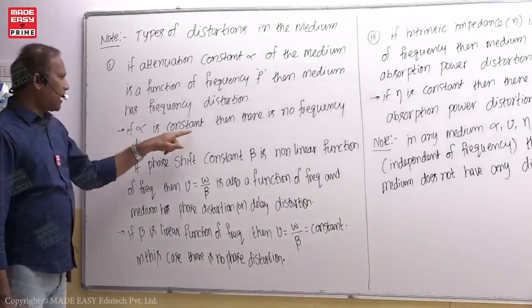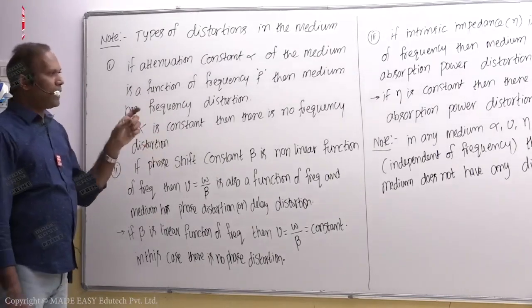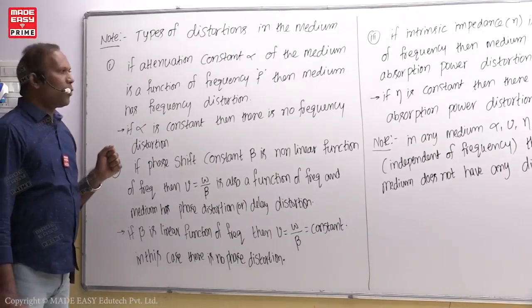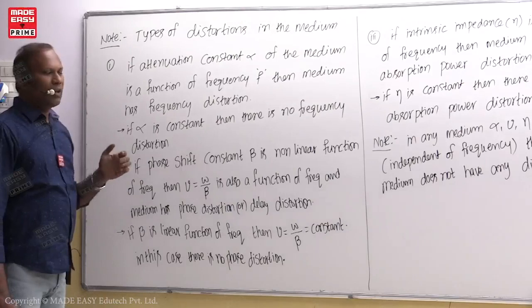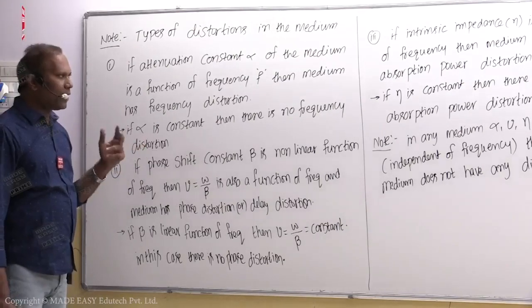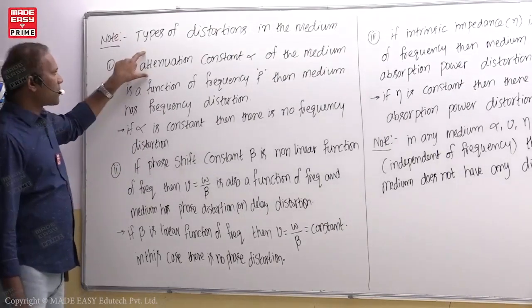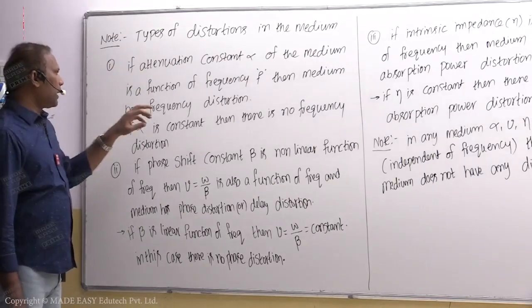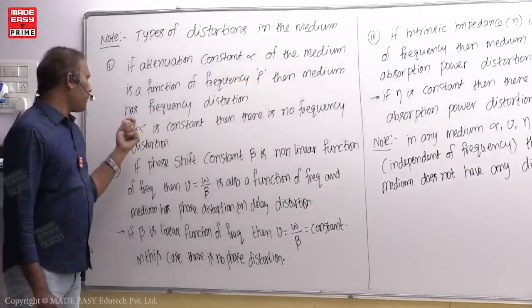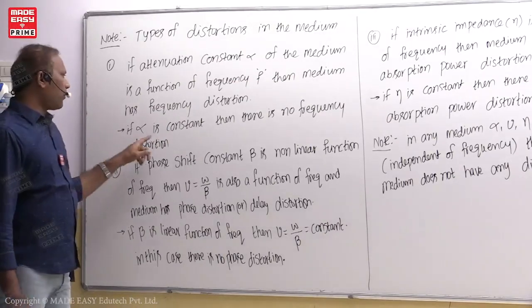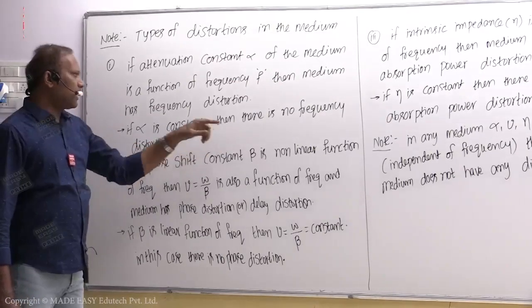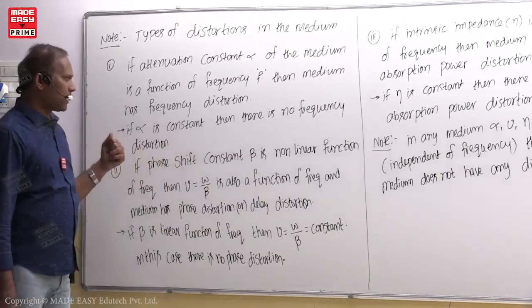We will see while solving wave propagation in different mediums that for some mediums alpha will be a constant, and for some mediums alpha will be a function of frequency. So if alpha is a function of frequency, then that medium has frequency distortion. Now, if alpha is a constant, then there is no frequency distortion.